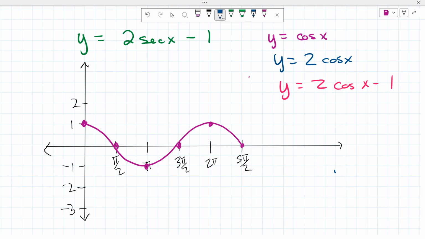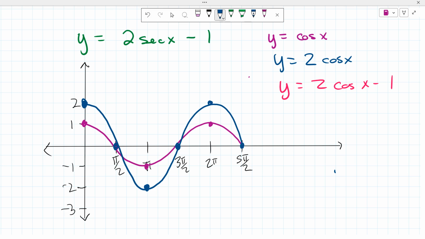Twice as high, twice as low. Stretches affect the amplitude. Okay. Now what?